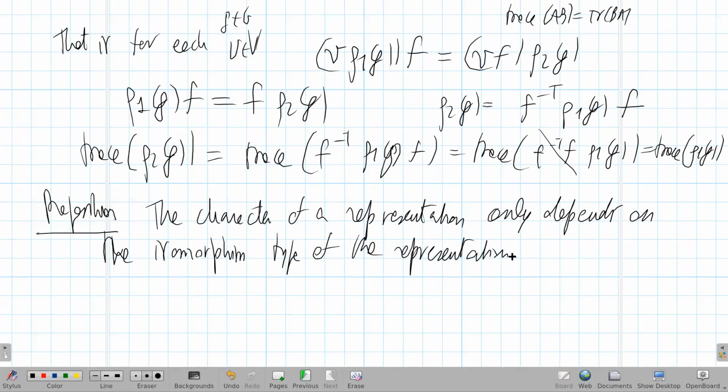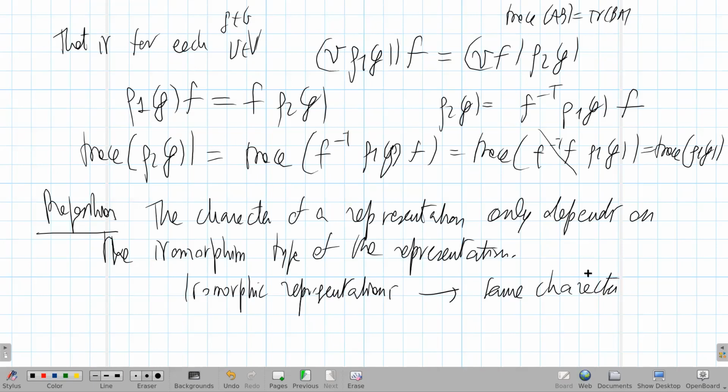Which is another way of saying that isomorphic representations give the same character. What we have proved is exactly the latter fact. And I expressed it by saying that the character determines the isomorphism type of representation.